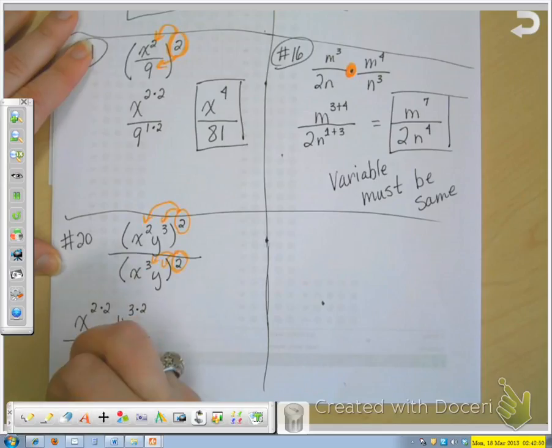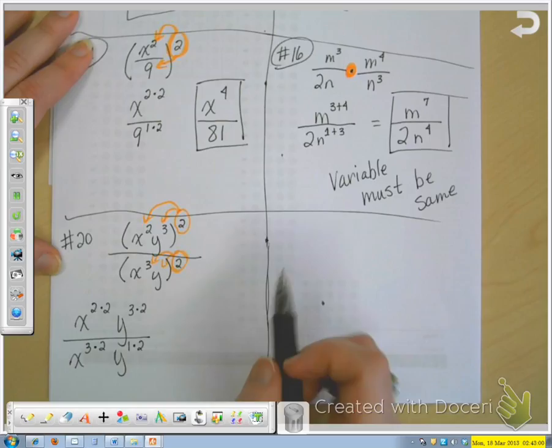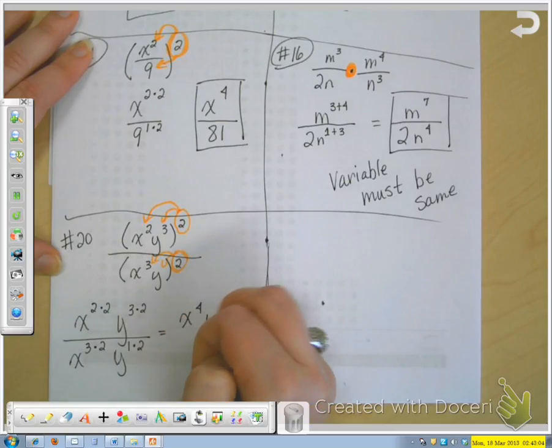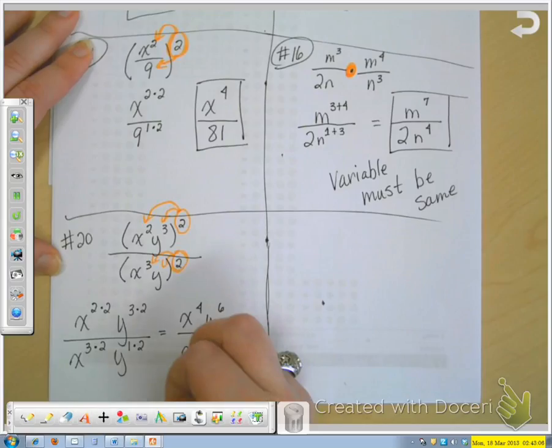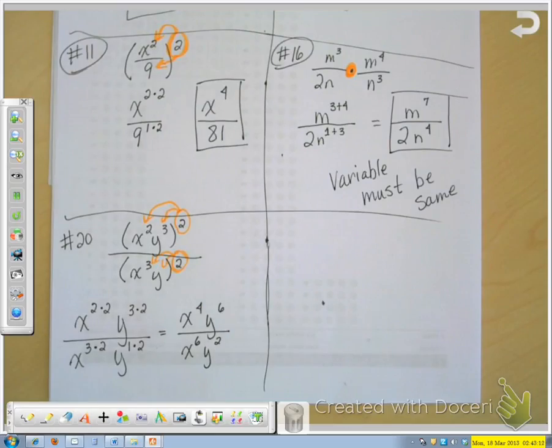And then on the bottom, my x was originally cubed, and my y originally has a first power. So I'm going to multiply each one of those exponents by the 2's that are on the outside. This gives me x to the 4th, y to the 6th on top, and x to the 6th, y squared on the bottom.